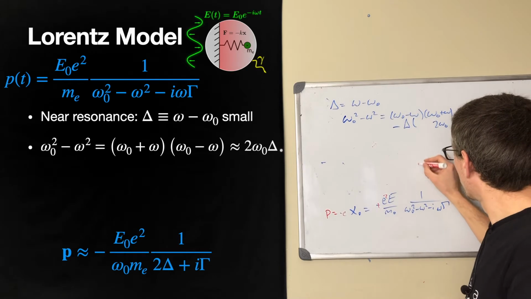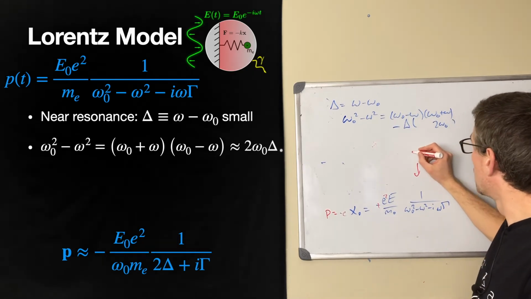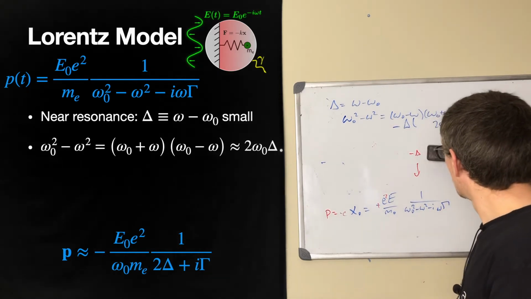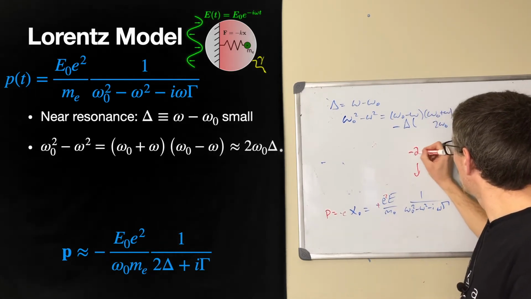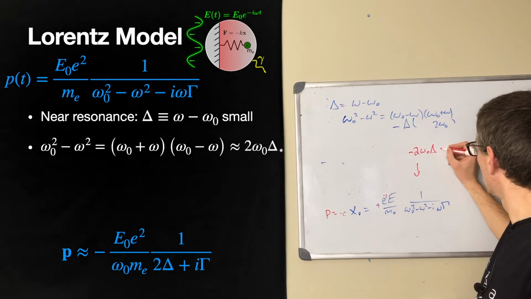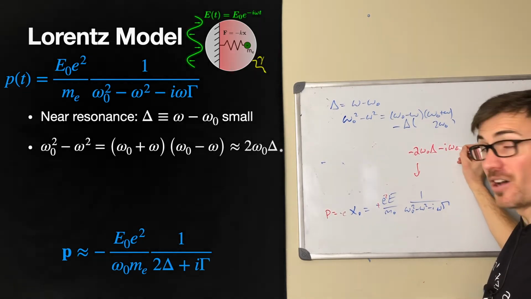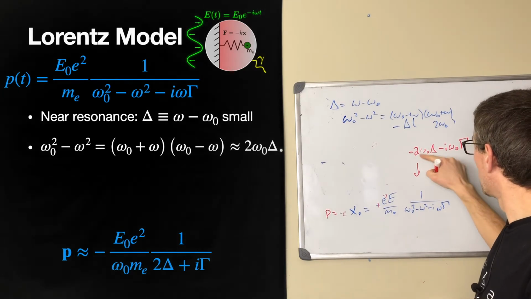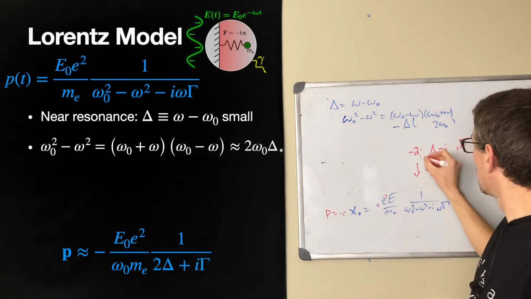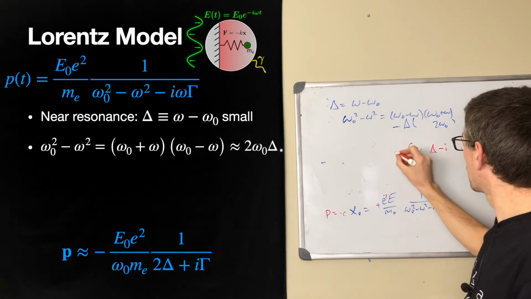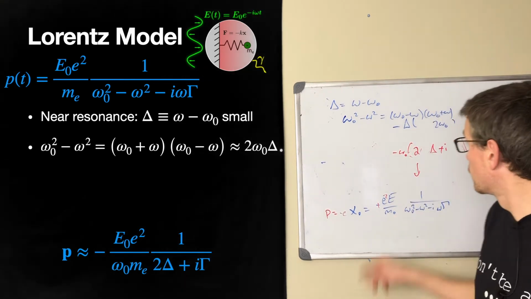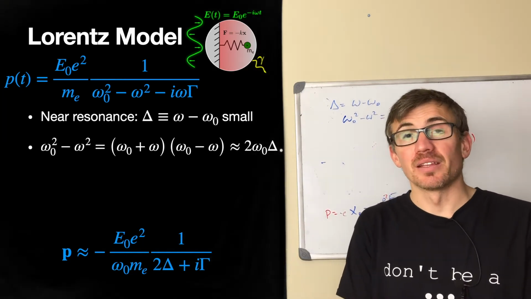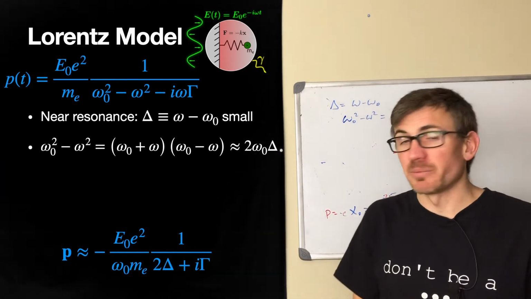So on this denominator term, we have now negative 2 omega naught delta minus i omega naught from this approximation, gamma. So we can pull out that omega naught. In fact, let's just pull out a negative omega naught, which is what we do here. We can pull everything out, and there we have it, the near resonance approximation to the dipole moment.